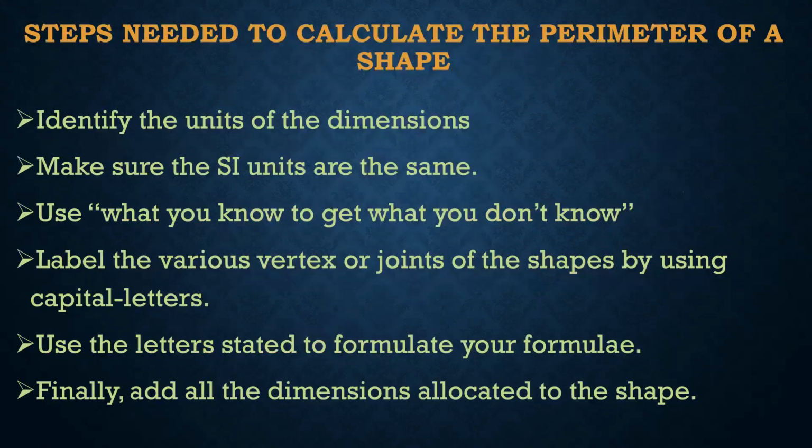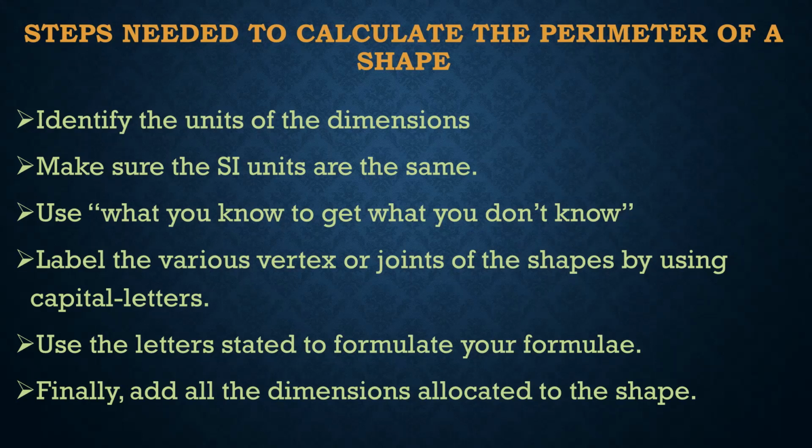Let's see some of the steps that will be needed to calculate the perimeter of a shape. Before you calculate the perimeter of the shape, the first thing you have to do is what? You identify the units of the dimensions. So the measuring units that I'm talking about are the centimeters, the meters, the millimeters, and so on.